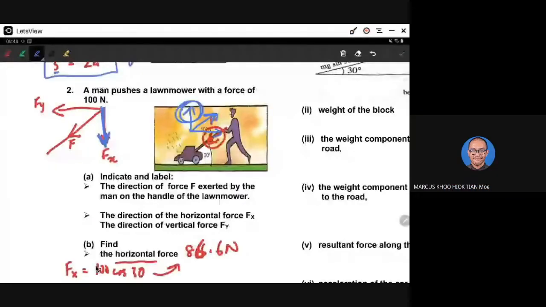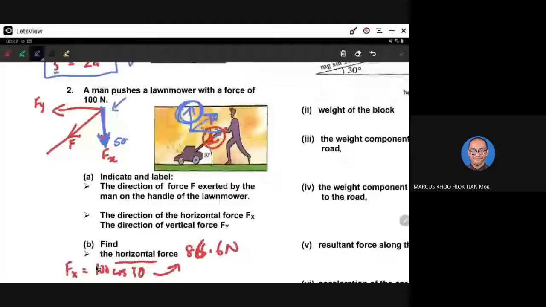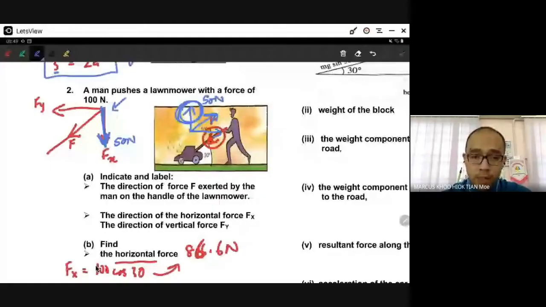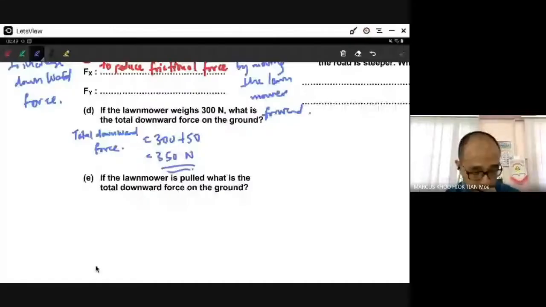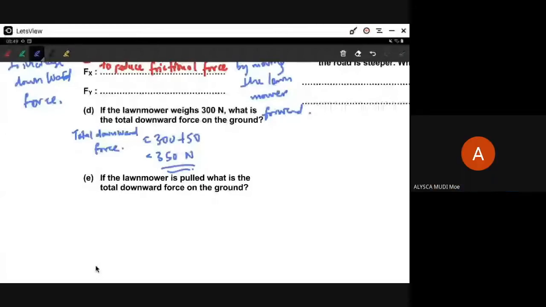Now, if you pull it, the upward force will be 50 newtons also, but on the other side, negative 50 newtons. It will be reversed. So my question is, what is the total downward force now if we pull? Sorry, Eliska? 250.